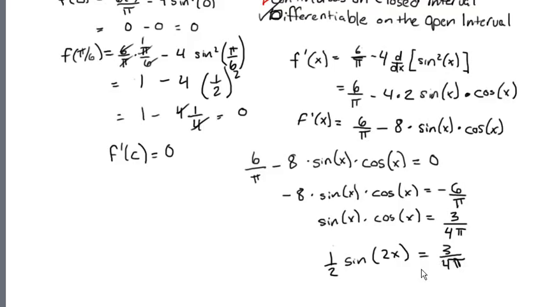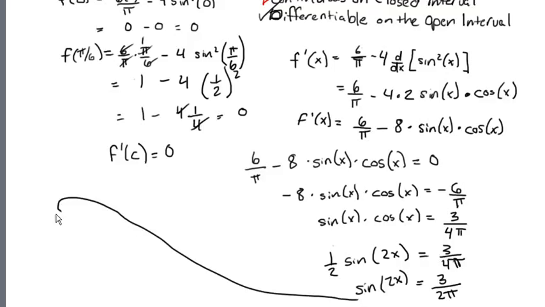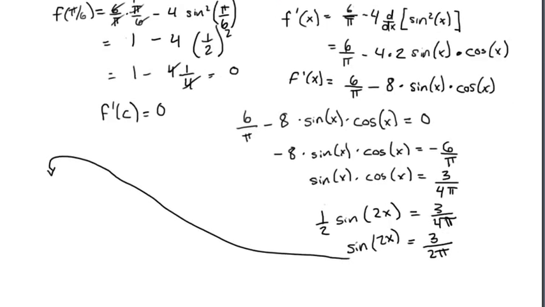So I can multiply both sides by 2, and I get sine of 2x equals 3 over 2 pi. Actually, let us increase our canvas size so we get a little bit more working room.